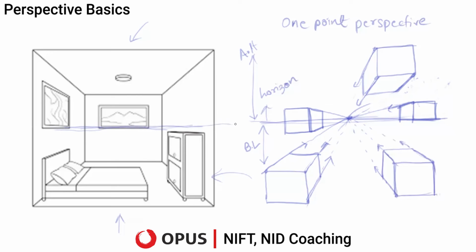If I extend this line, our vanishing point is somewhere here. If I look at all the lines, all these lines come and appear to meet there, all the lines.